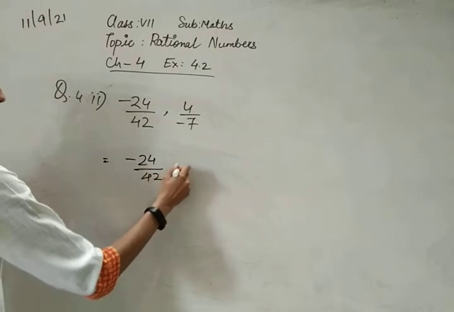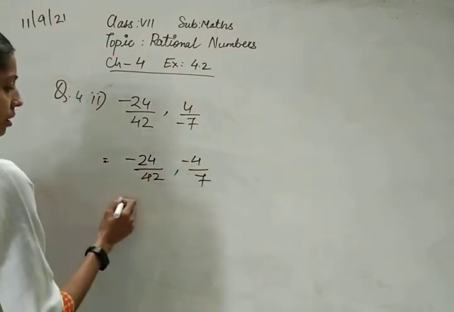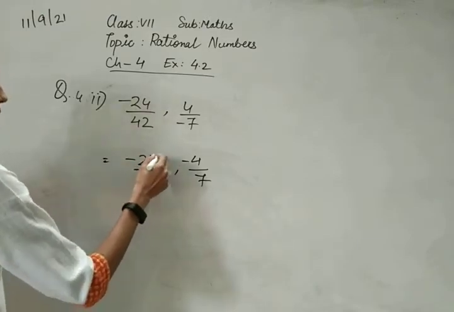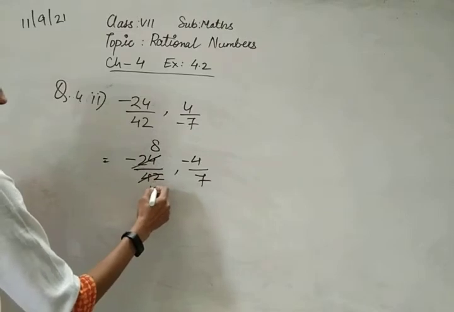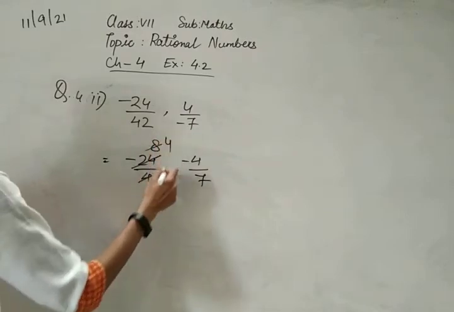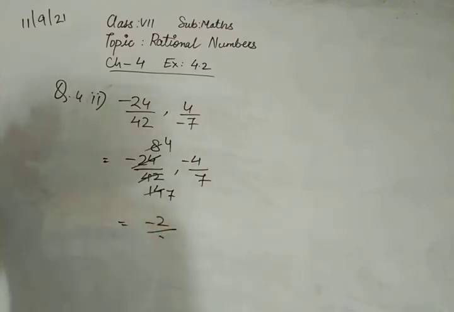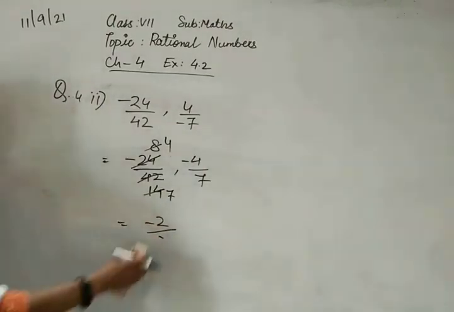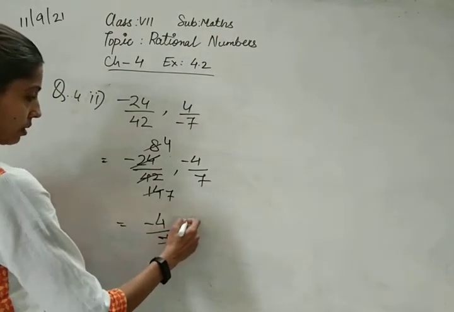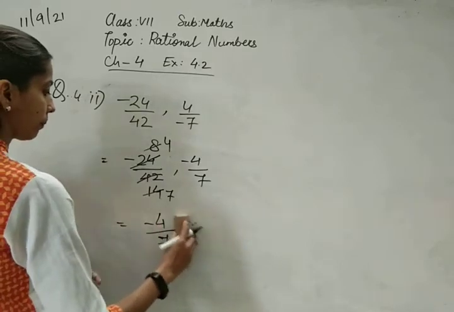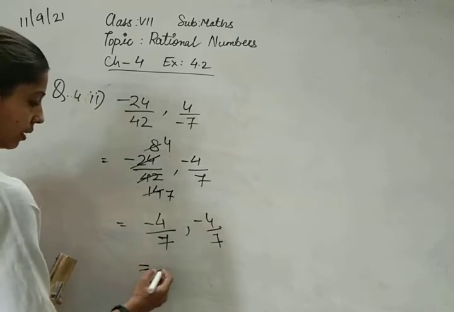Minus 24/42, and this is, you have to cut it by 3. 3 8s, 3 1s, 3 4s, 2 4s, 2 7s. These are the same rational number, that is minus 4/7.